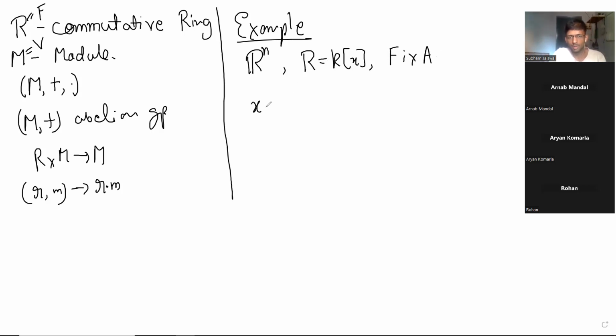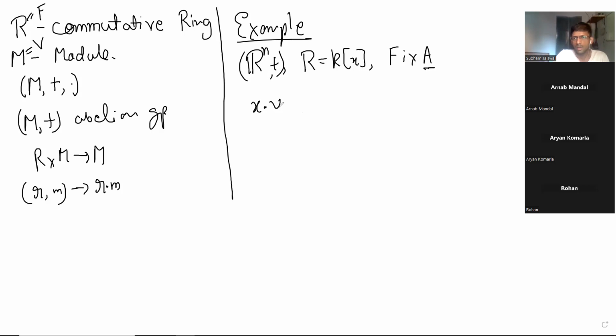So, the obvious thing: x dot v. V is coming from Rn, and x is coming from the polynomial ring. I have to just define this, because addition is as it is, right? So this is as it is. The abelian group structure is as it is. Okay. But this I have to define. So how should I define it given this matrix? Remember, I have to return again a thing in Rn.